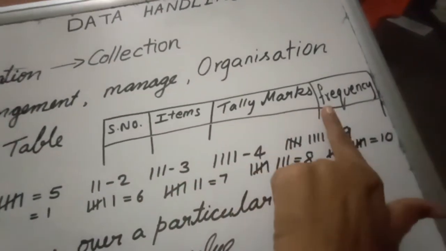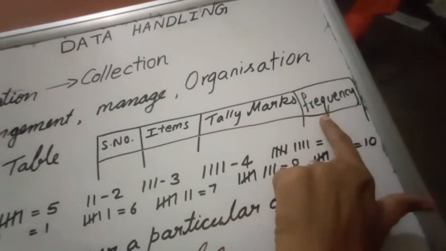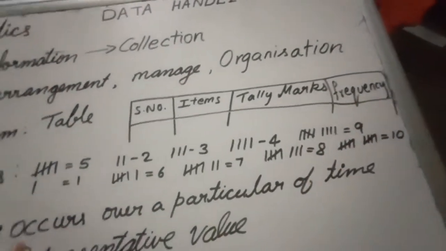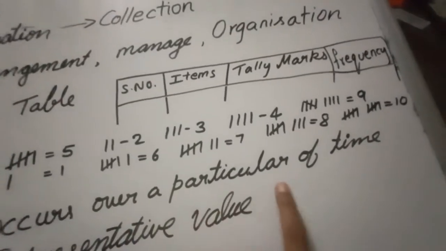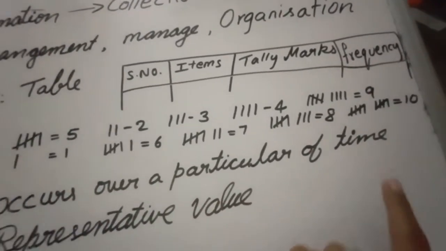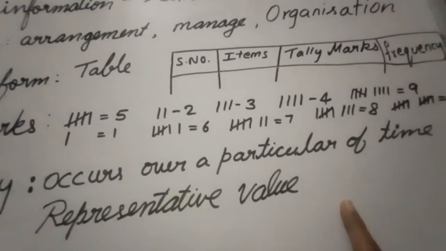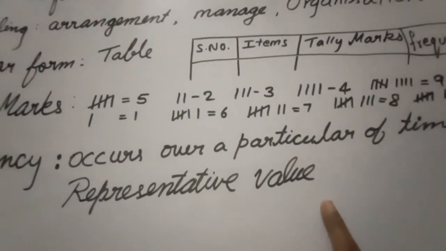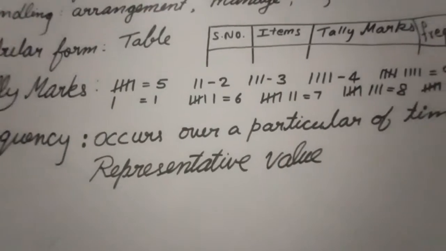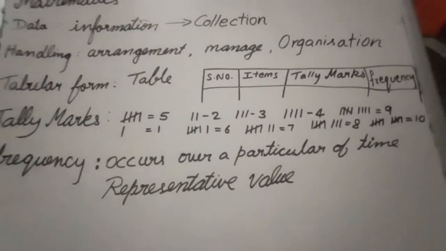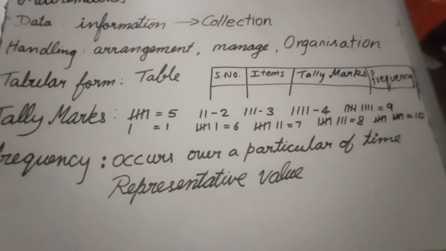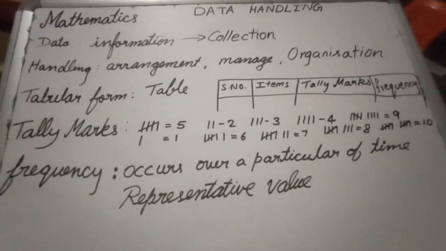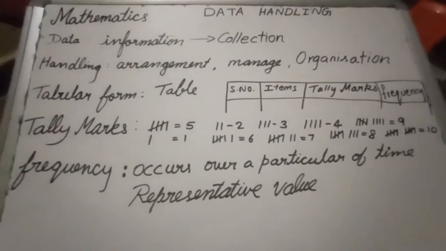Next, we write by counting that, in the form of a number, that is frequency. Or we can call it a representative value. Frequency means how many times it is repeated. Hope you understood what is data handling, tabular form, tally marks, frequency.